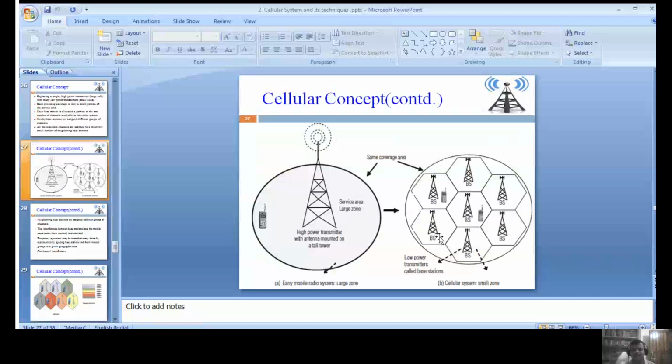Another element, not visible, is system interaction and communication protocols. The connection from the mobile follows some protocol, for example IS-136, IS-95, GSM.